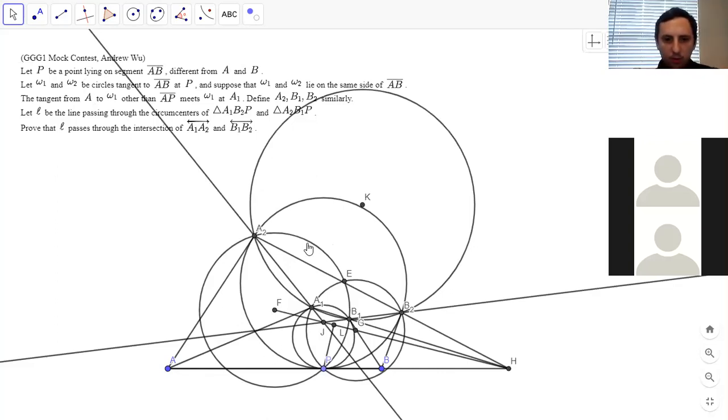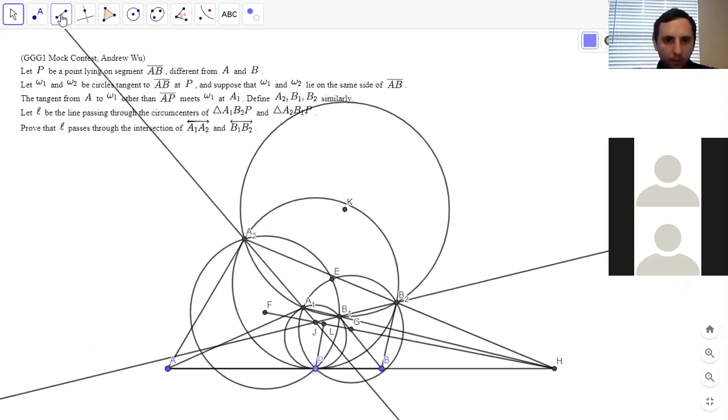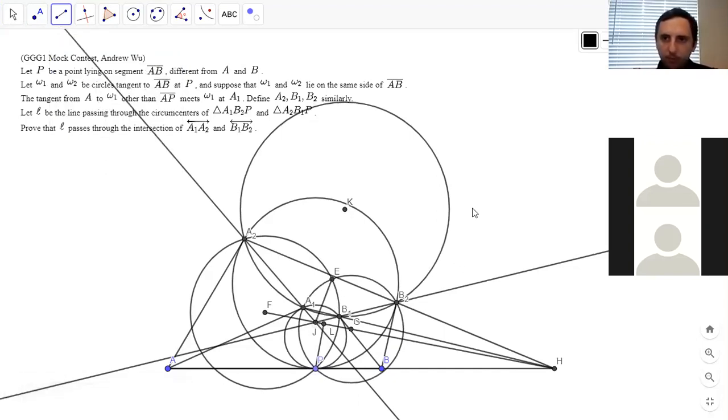So we know FH is perpendicular to EP, and L is the intersection of EP with FH. We know that to be true, right? Because we know FEPH is a kite. No, we don't know J, F and H are collinear, but we know that PE is perpendicular to FH, right? Yes.